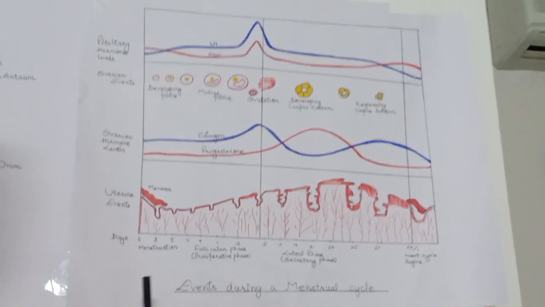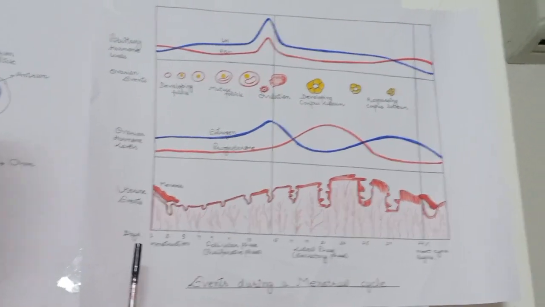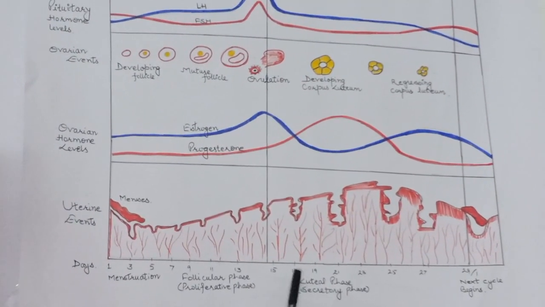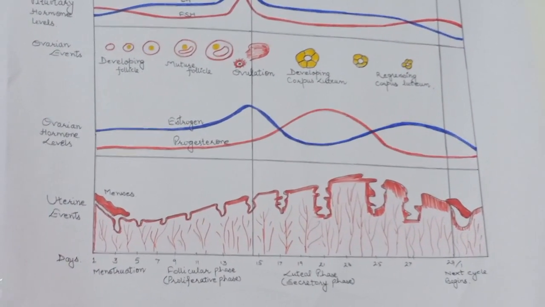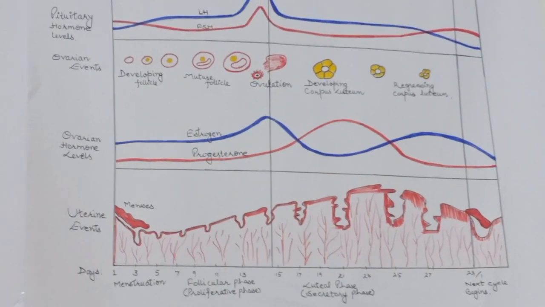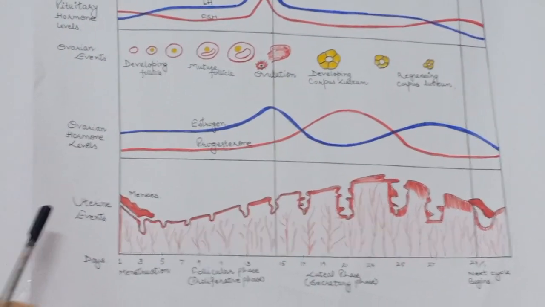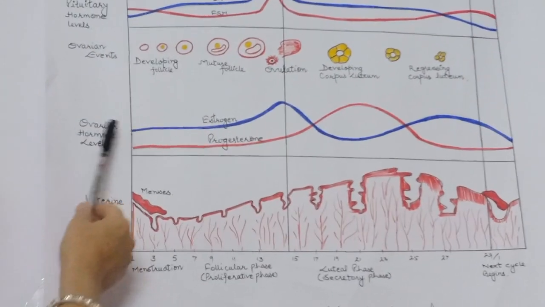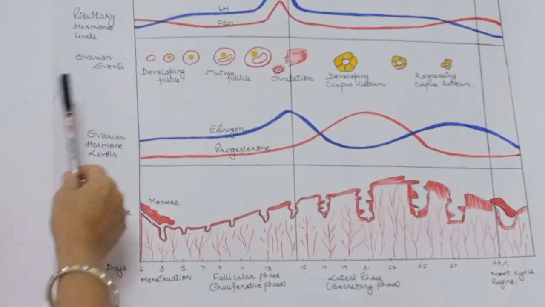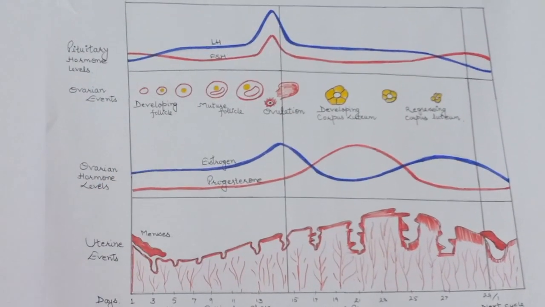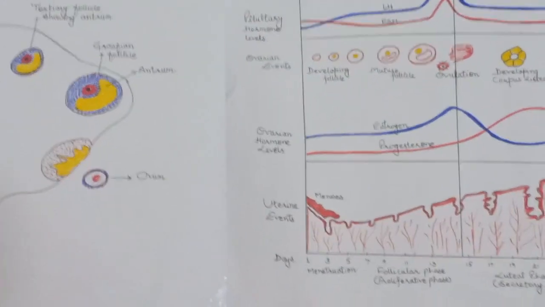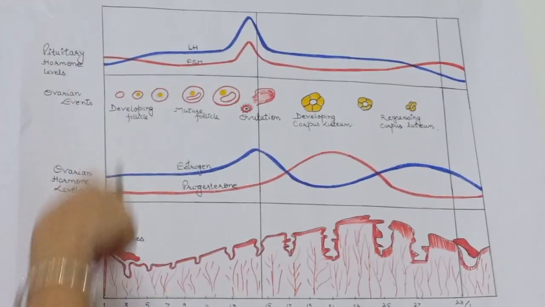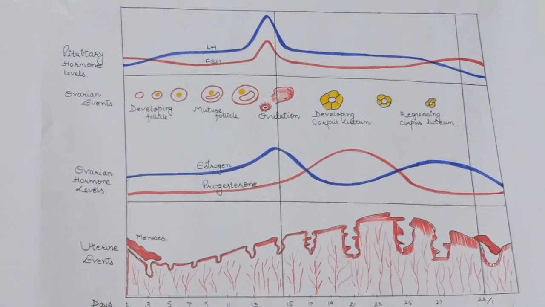The whole cycle is divisible into three phases: the menstruation phase, the follicular phase and the luteal phase. In this figure we will study the changes in the endometrium of the uterus, ovarian hormone levels, the changes in the structure of the follicles and the pituitary hormones.